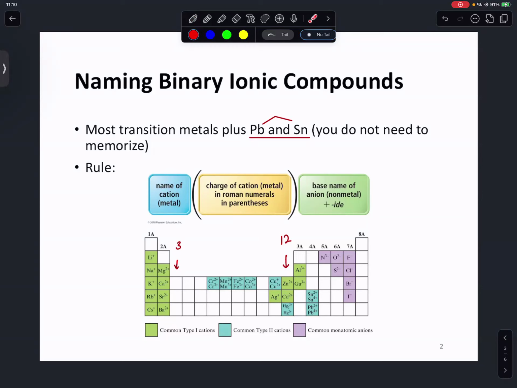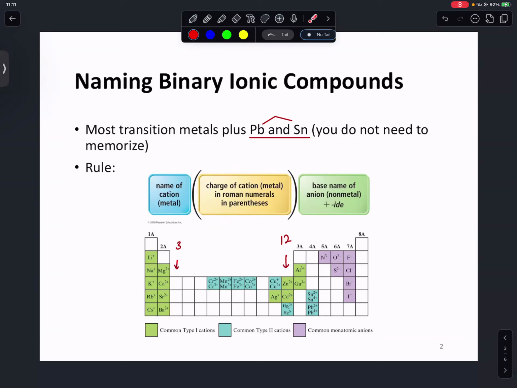As we previously did with naming ionic compounds with invariant charges, we start with the name of the cation, the metal. The new element here is that we add, between two parentheses, the charge of the metal cation in Roman numerals. Bear in mind that the charge of the metal in parentheses is going to be part of the name of the metal cation.